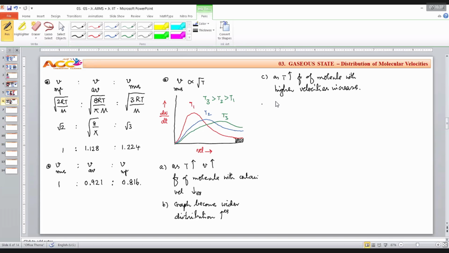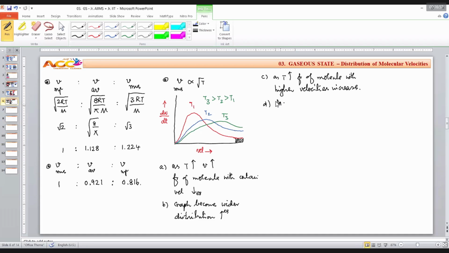Once you are talking about this, remember one point: the fraction of molecules is changing. We are having a change in the graph, but someone asks, what about the total number of molecules? Remember, the area under the graph is the total number of molecules. It remains the same, right?